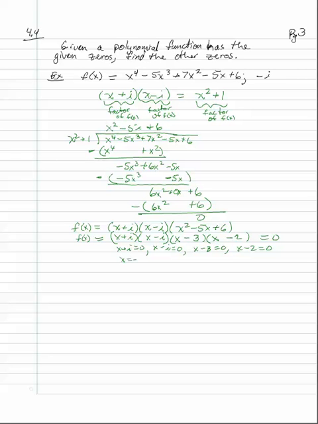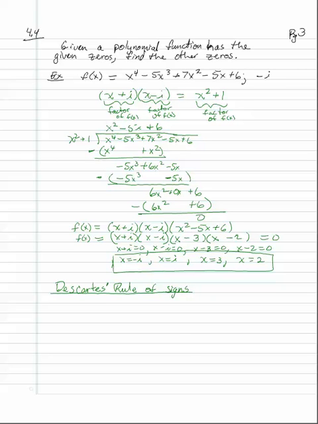So x equals negative i. That's the one we were given. x equals i. That's one we knew for sure because if negative i is the solution, so is positive i, the conjugate. x equals 3, so that's a new one. And x equals 2. So now we have all 4 zeros: negative i, i, 3, and 2.